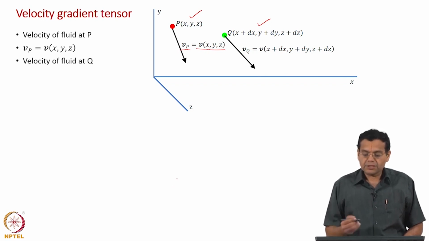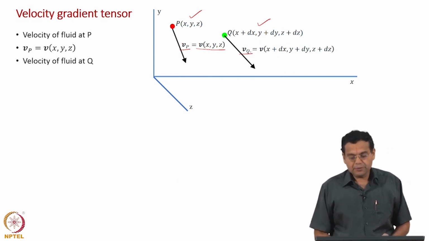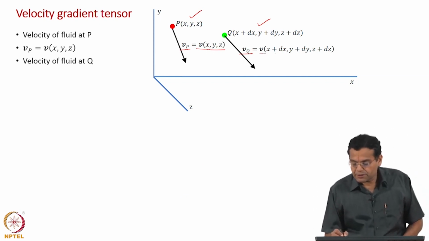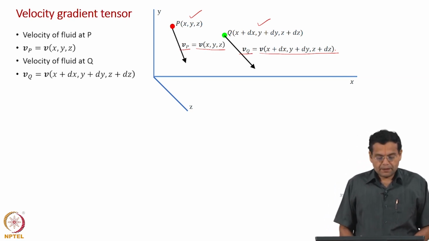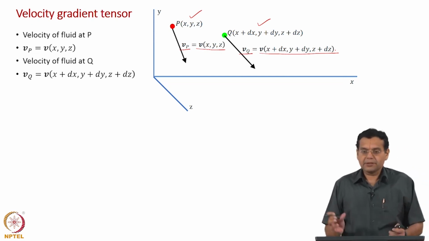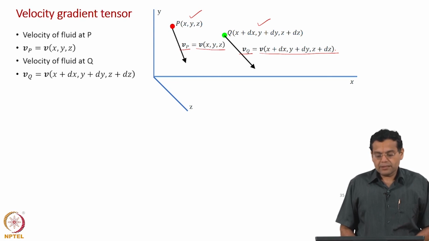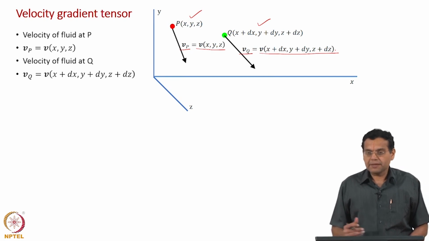Now, velocity of fluid at point Q, we will denote it as Vq, which is equal to the velocity field at x plus dx, y plus dy, z plus dz. So, we consider two points neighboring to each other, and velocity at one point is V at x, y, z, and the velocity at the neighboring point is V at x plus dx, y plus dy, z plus dz.